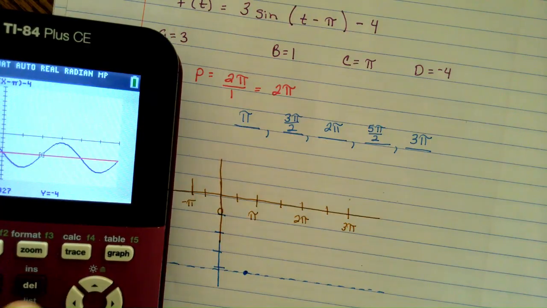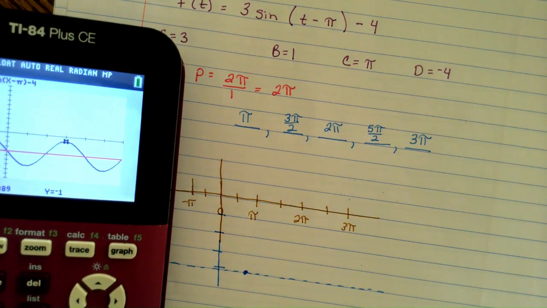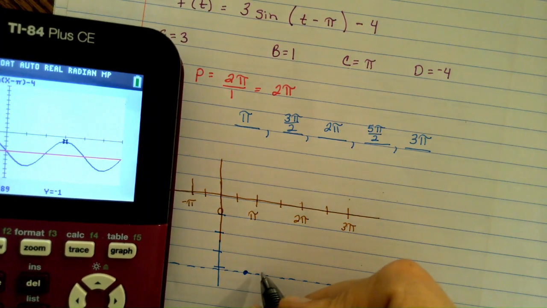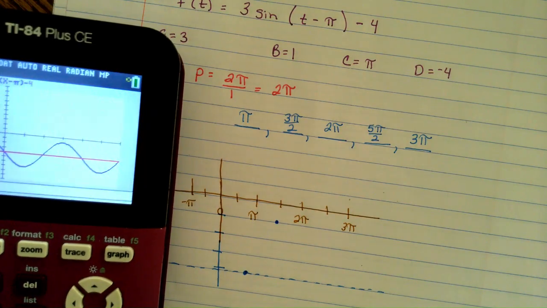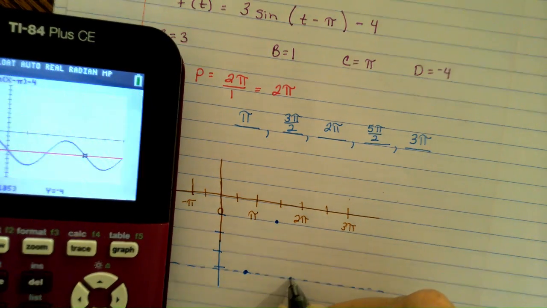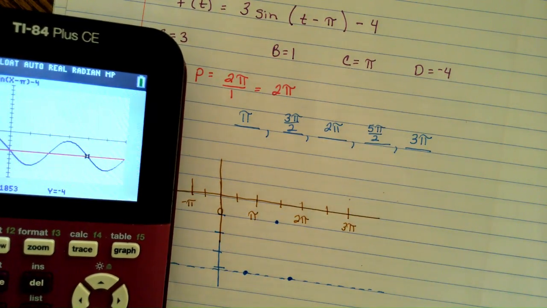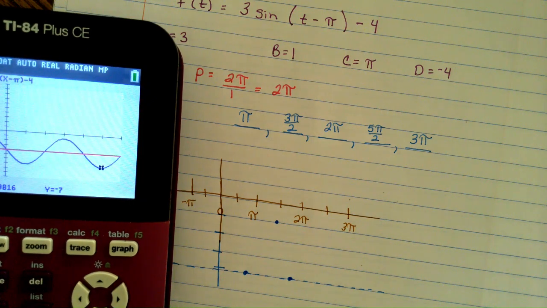What about at our next number? 3 pi over 2. We're at negative 1. What about at 2 pi? Negative 4, back to that center line. And 2.5 pi. Now I'm at negative 7.